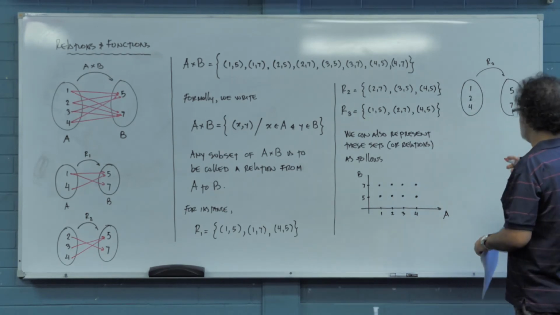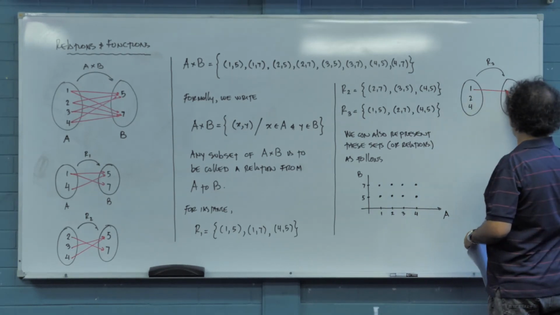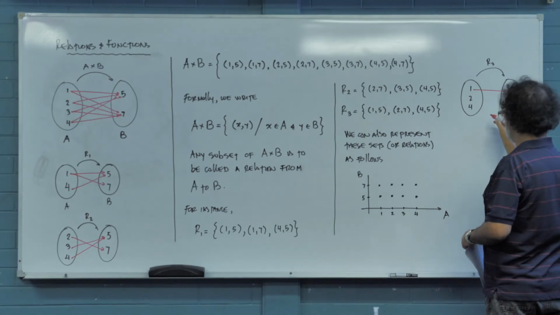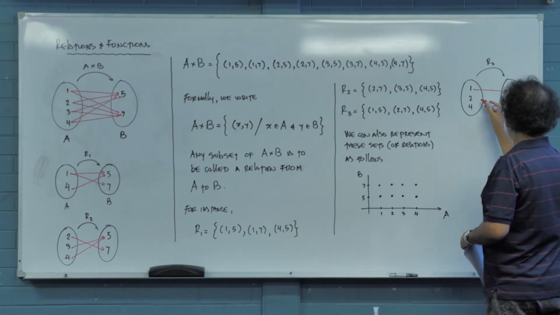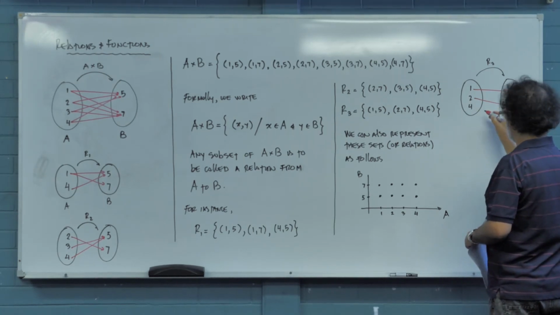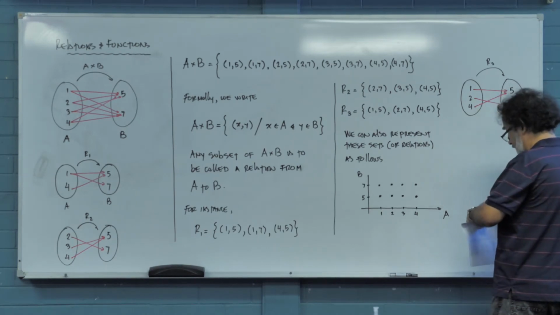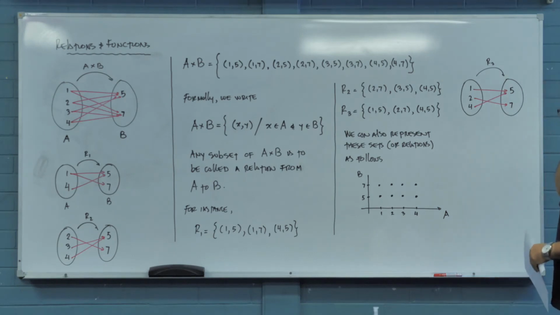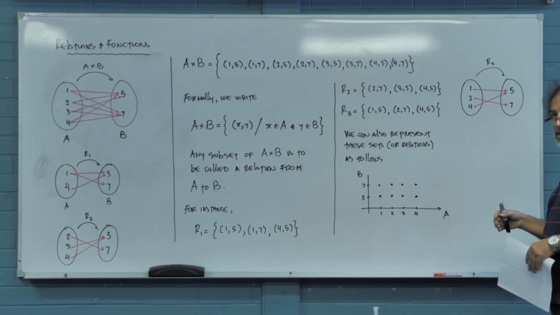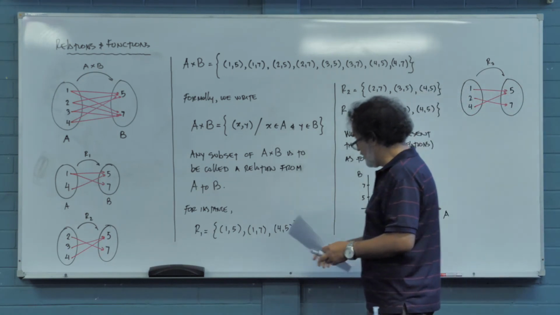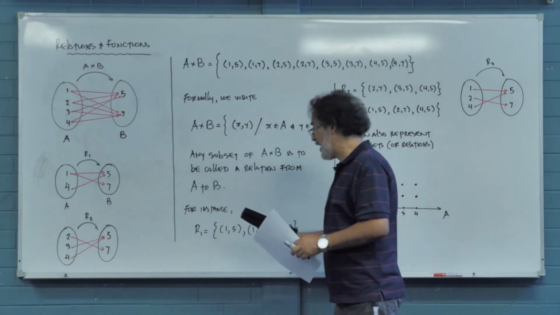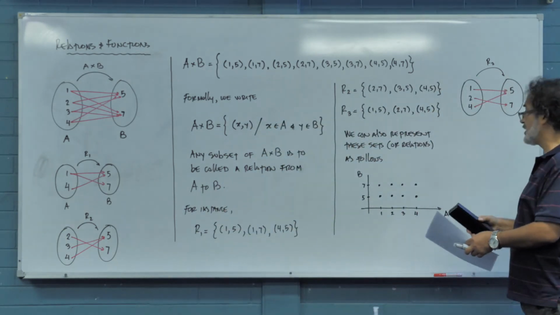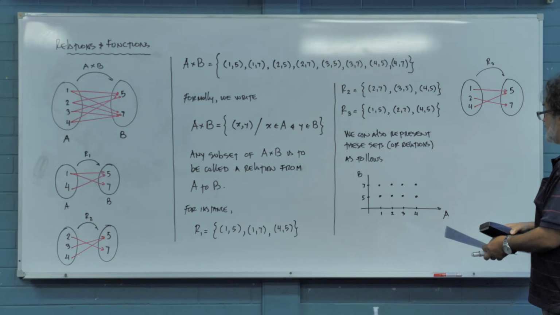And then 1 goes to 5. 2 goes to 7. And 4 goes to 5. Okay. Right? Yep, so far I think it's very, very easy to understand. Okay, so it's not a big deal. But this is something that we have to do to fully understand what we mean by relation and function.